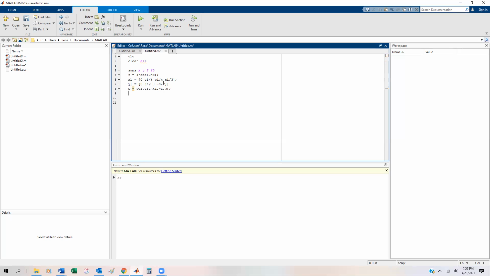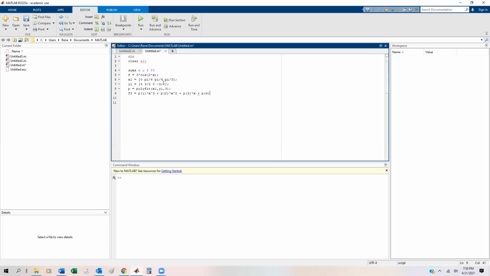And then finally, f3 is going to be equal to p1 times x cubed plus p2 times x squared plus p3 times x, and then plus p4.